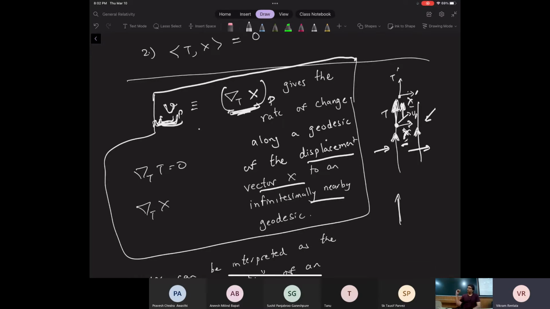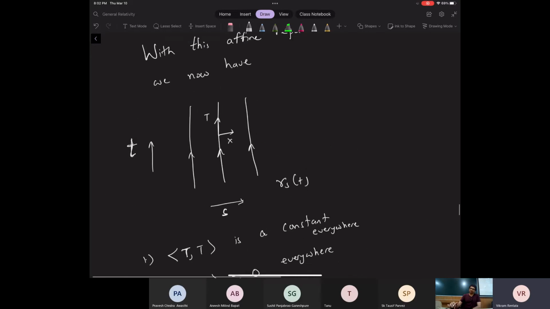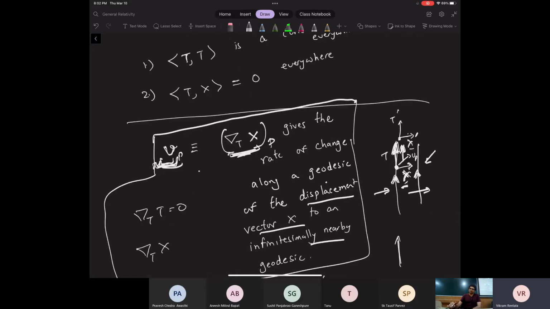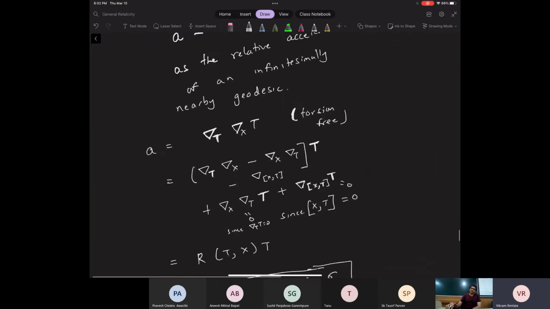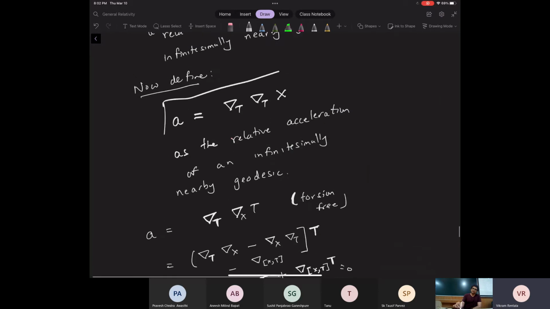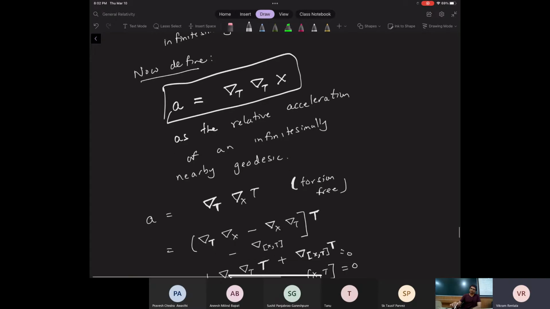Now this acceleration, let's compute this acceleration.